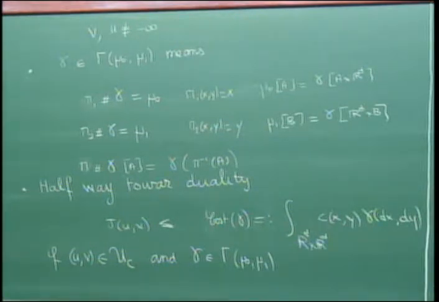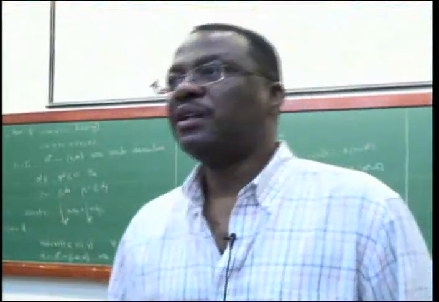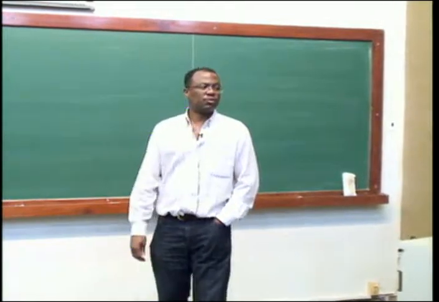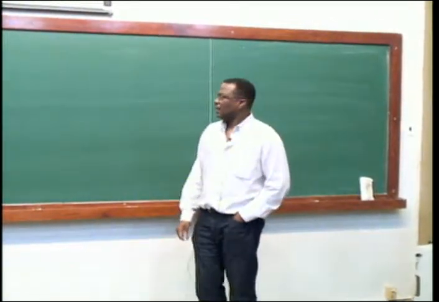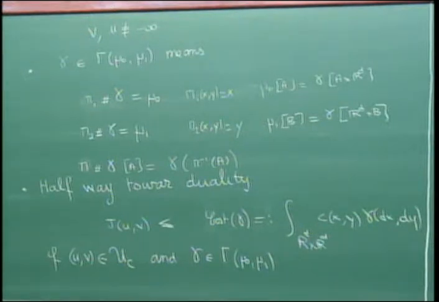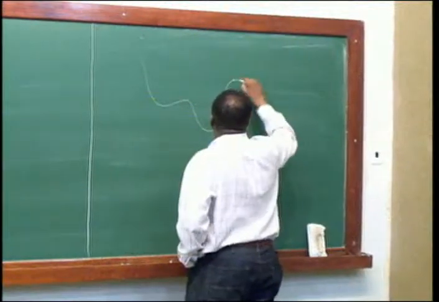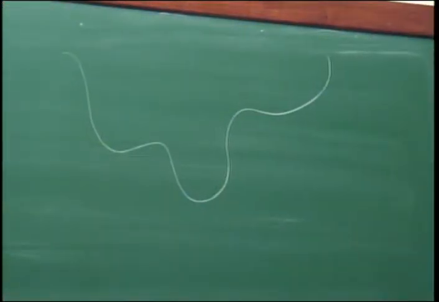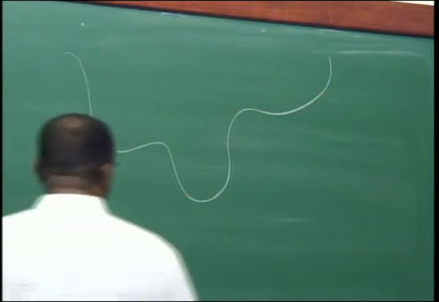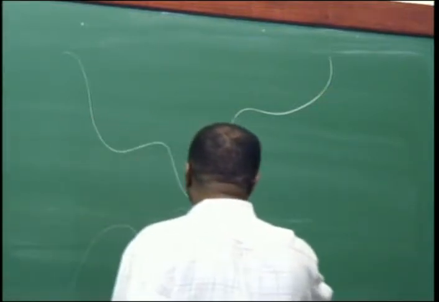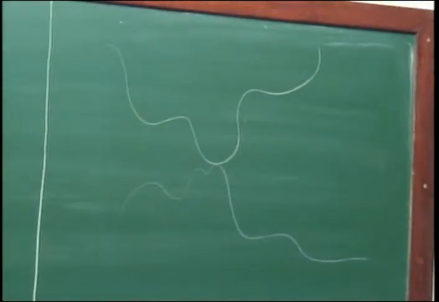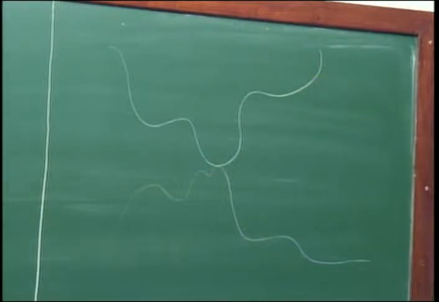Okay, so let me repeat again. What happens often in the calculus of variations, you have a minimization problem, and you have no idea how to prove that a minimum exists. Then you invent a maximization problem. So I want to minimize a functional. I don't know if the functional admits a minimum. So I am going to invent another functional, such that the graph of the functional invented is below the graph of the function I want to minimize.